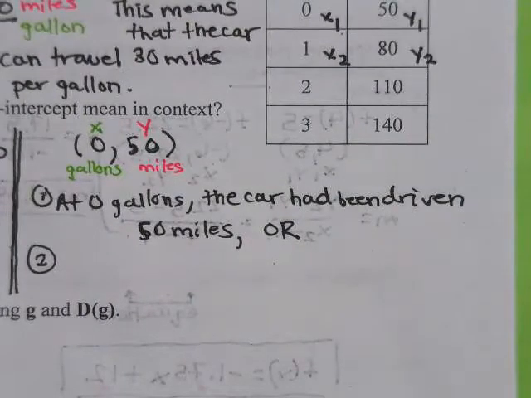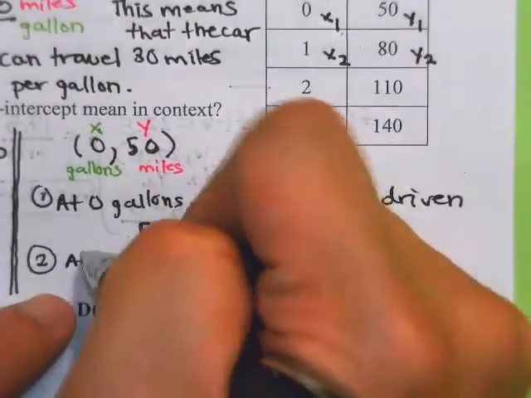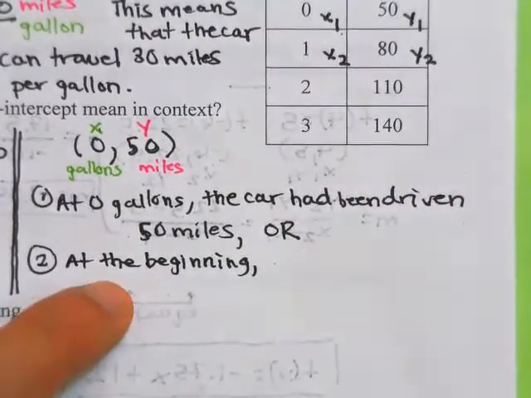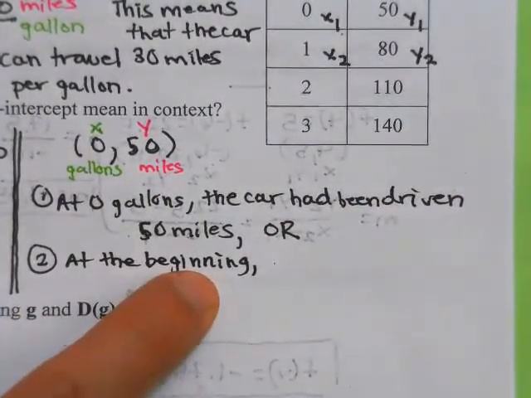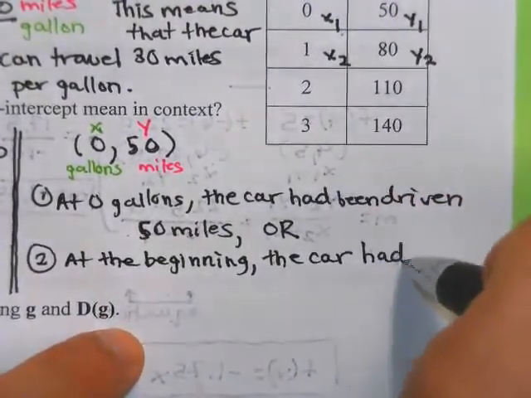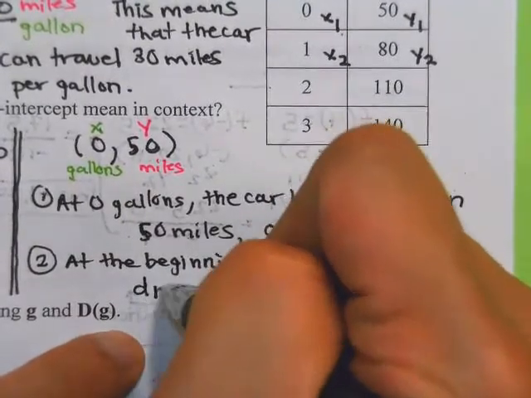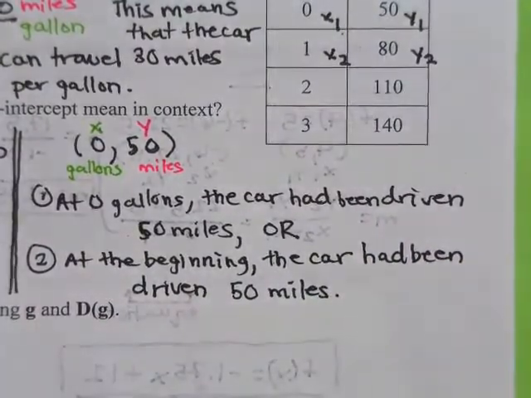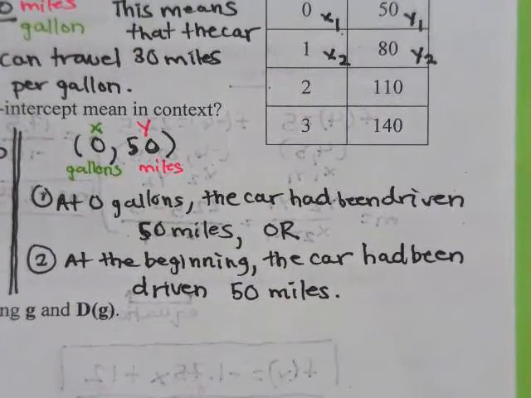Here is an alternative: at the beginning. Hope I spelled beginning correctly. It's with 2 N's, right? Beginning? Yeah. Okay. I think this might be a better interpretation: at the beginning, because remember, Bob is trying to buy this car, the car had been driven 50 miles.